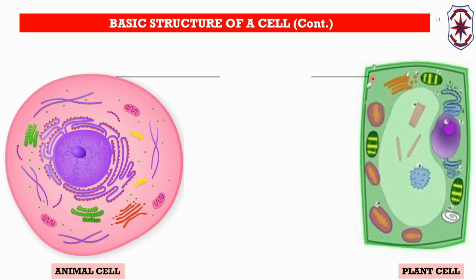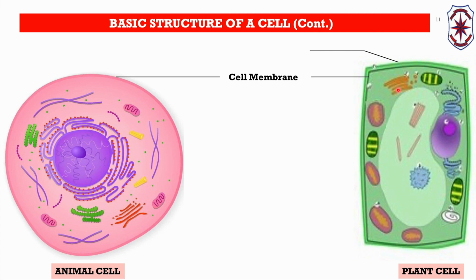Okay, now which part did we say surrounds the cell, but it's found in both the animal cell and the plant cell? That part is called the cell membrane. And then we said that the cell membrane is there to control substances that move in and out of the cell.